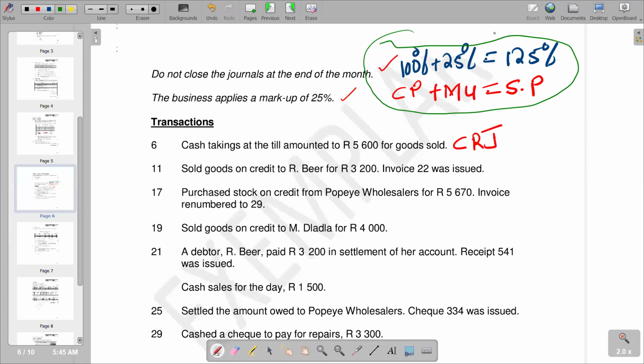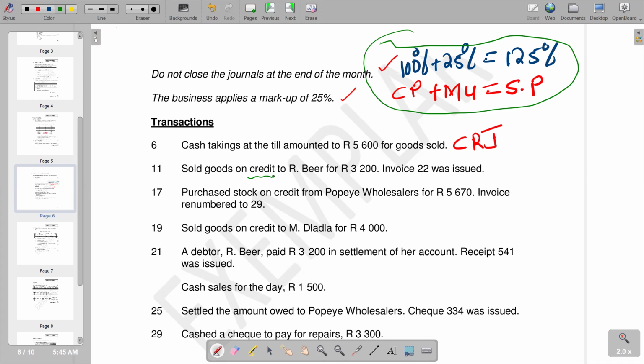Our second transaction reads: sold goods on credit to RB for 3,200. Invoice 2022 was issued. So in this transaction, we can notice that there is an element of selling on credit. Whenever we see that credit is involved, it means we do not have to enter that transaction in the cash receipts journal. These goods are being sold, so we are supposed to receive money, but we haven't received it.